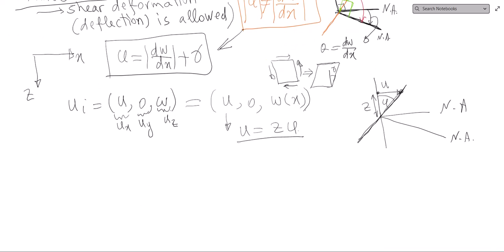So this holds. If you recall, in Euler-Bernoulli beam theory, u was z dw/dx, at least the absolute value.